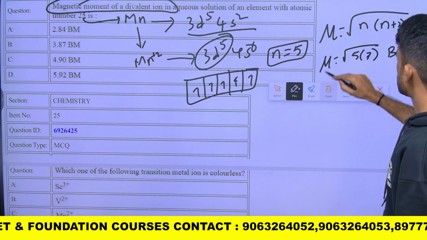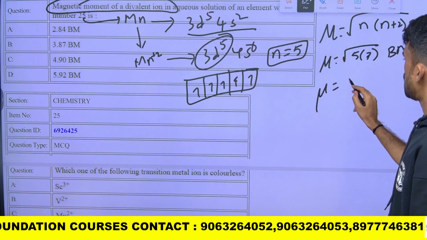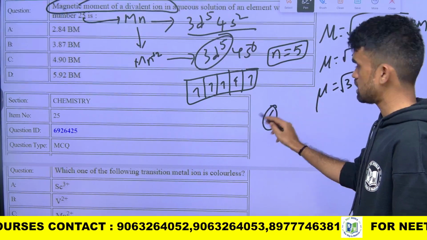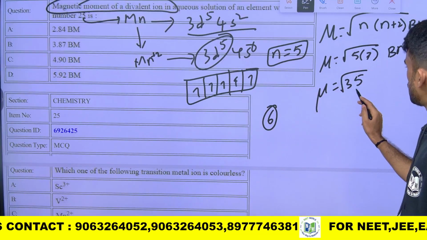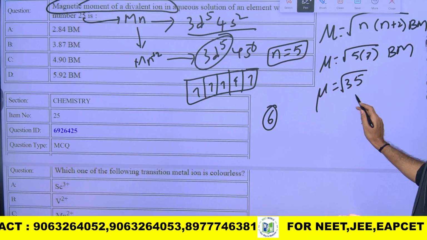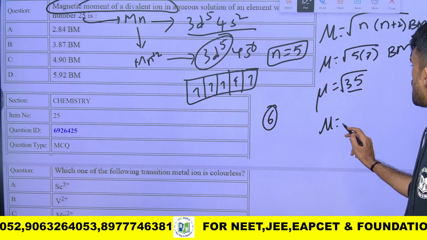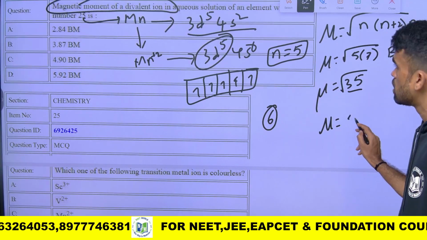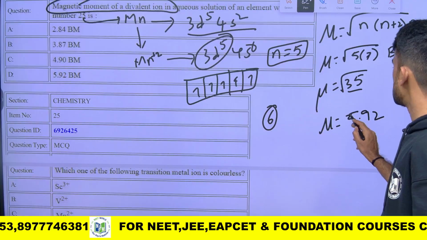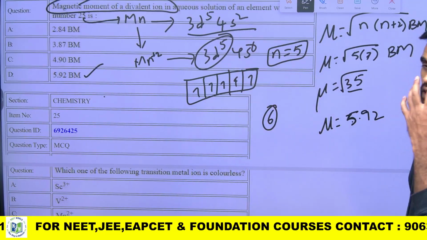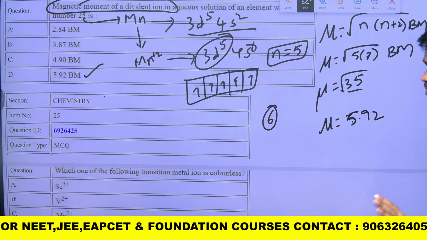Now look here, we got root 35. We know root 36 is 6, and 35 is a little lesser than 36. So I can say the mu value will be nearly equal to 6, that is 5.92, which is there in option D. That is our correct answer for this question. I hope it is clear now.